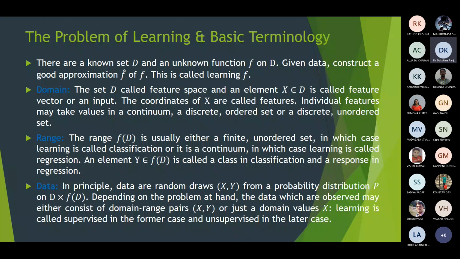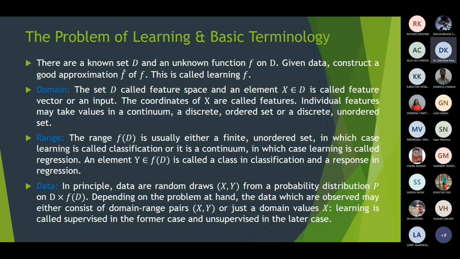Now, the first terminology is known as domain. So what is domain? Here the set D is called the feature space, and an element capital X that belongs to D is called the feature vector or an input vector. Now if you consider the problem of person identification, we use a face image. From that face image we can extract the features, and this set of features is called a feature vector.